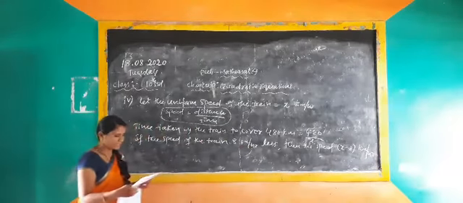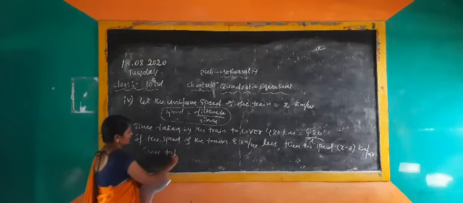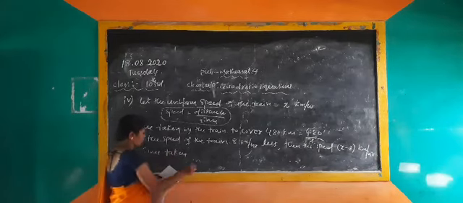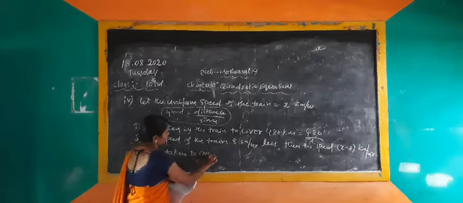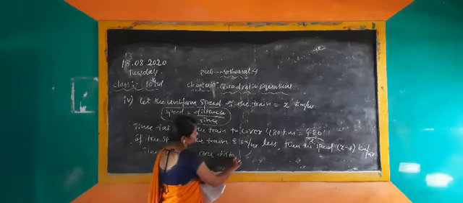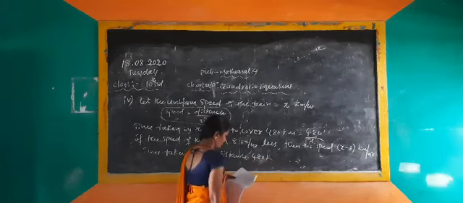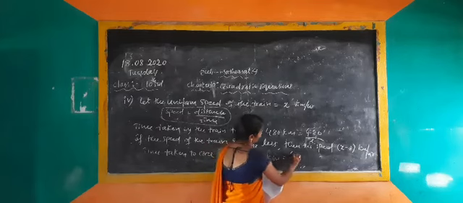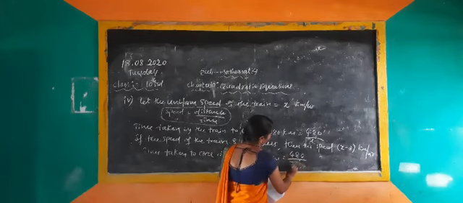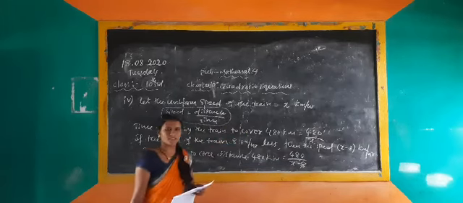Next, time taken, you just solve. Time taken to cover the total distance. How much total distance are they given? 480 kilometers. Means total 480 divided by x minus 8. Now, here the difference in the time.